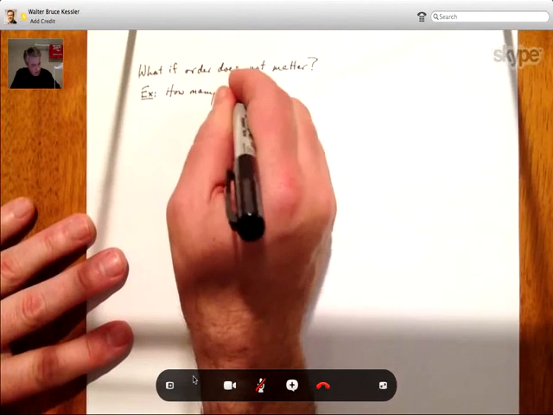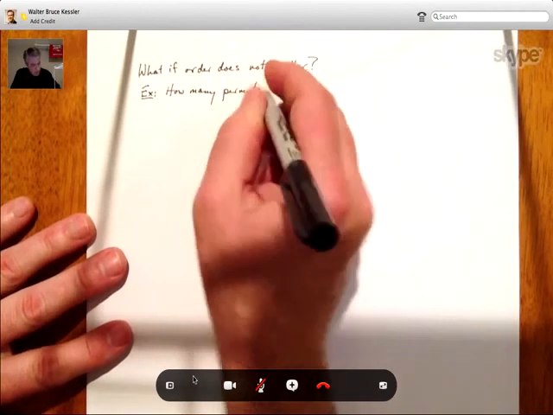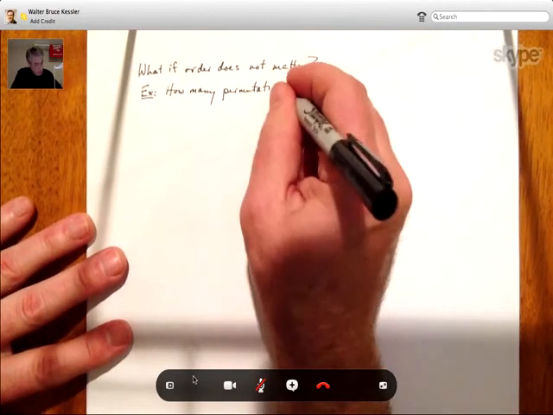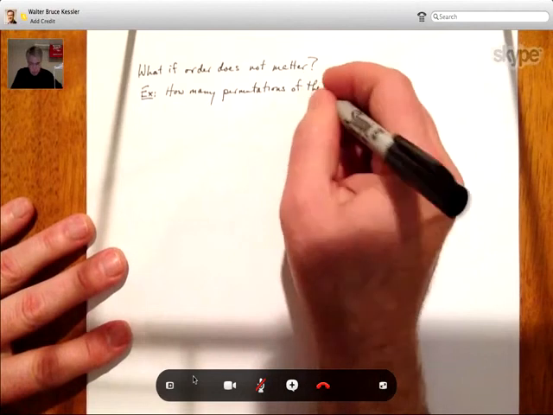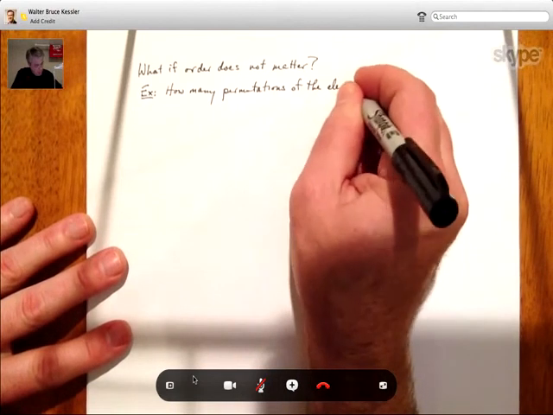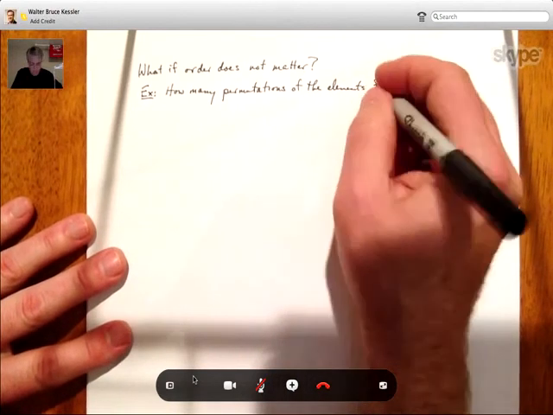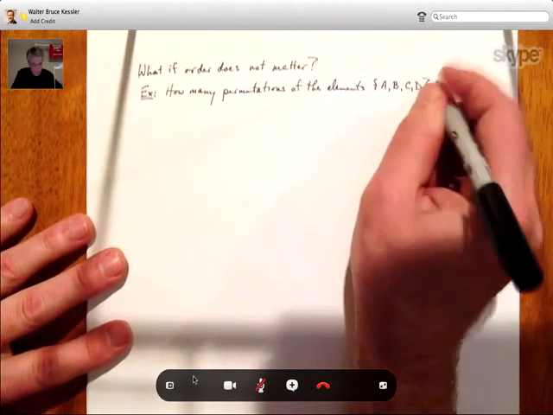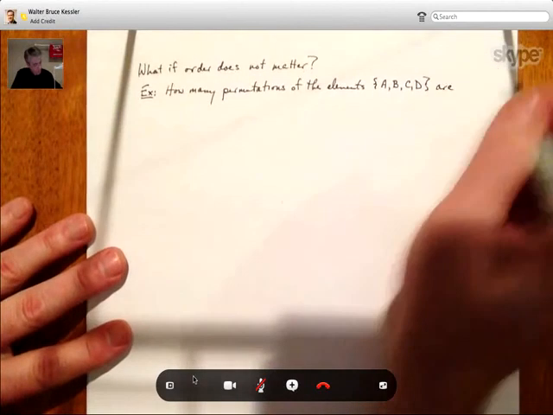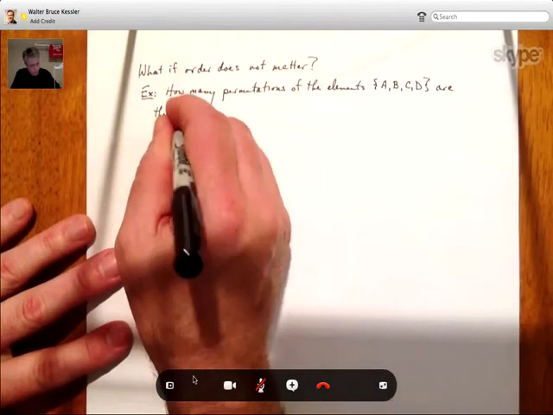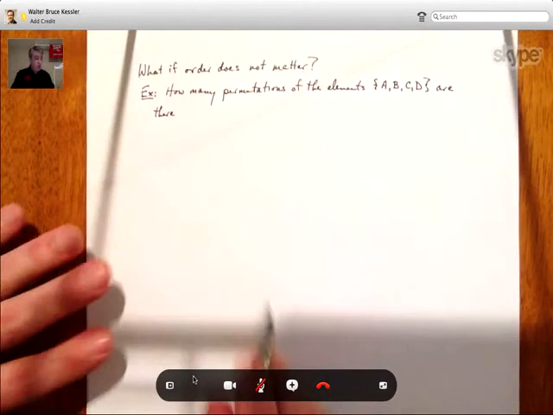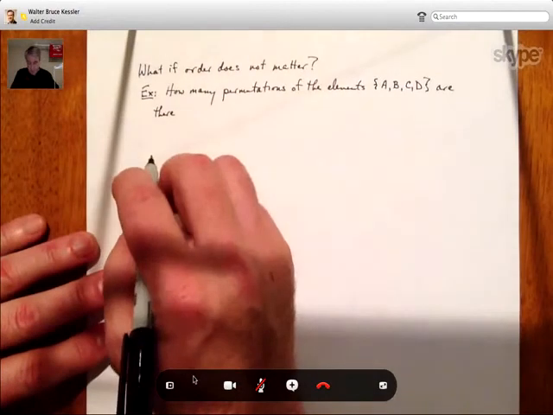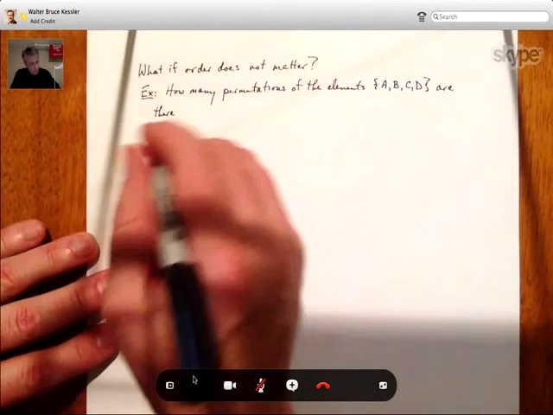So how many permutations of the elements A, B, C, D, and with permutations, order does matter. Okay, so for the moment I am counting order.